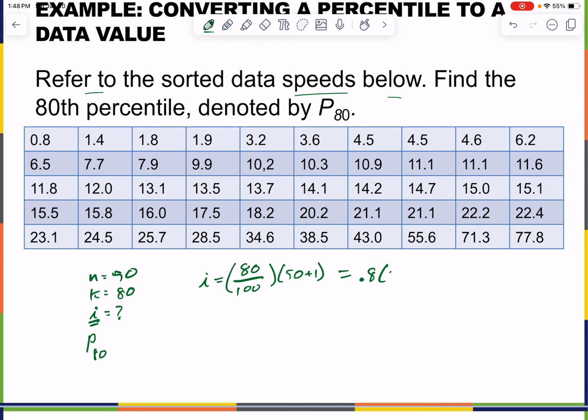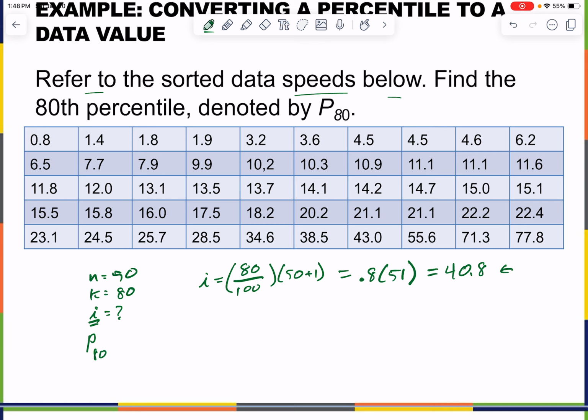And I need to multiply that by 51. So we'll go ahead and get a calculator. 0.8 times 51 gives me 40.8.